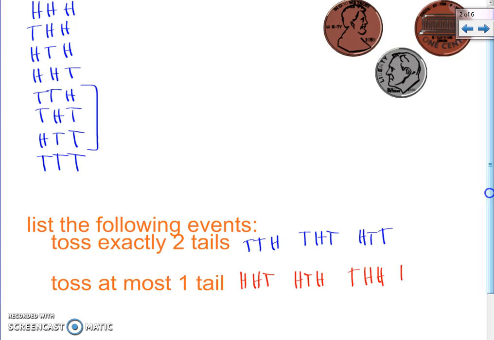It's also heads, heads, heads. Okay, at the very most there's 1 tail, so it's possible that there aren't any. Questions there? Biggest mistake on these problems is kids forget that I'm asking you to list them and they write probabilities of those things happening. Okay, because the rest of the time we're really going to be focusing on probability. We good?